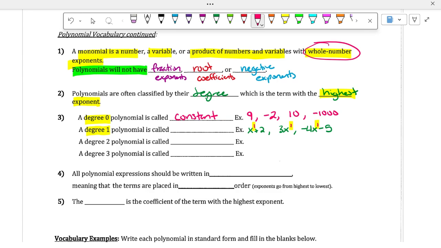Now, what type of functions do all of these look like? You've seen them before, basically 90% of math 1. Starts with L, linear. So, if the degree is 1, we call it a linear polynomial.